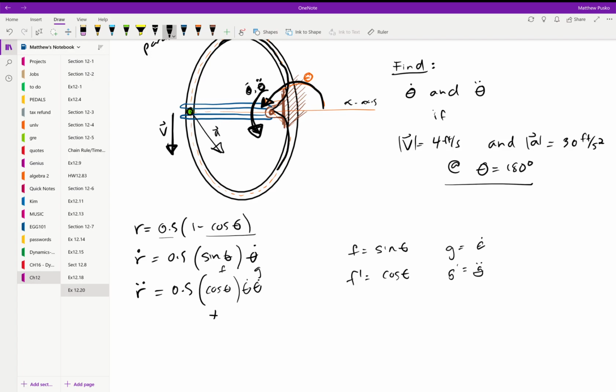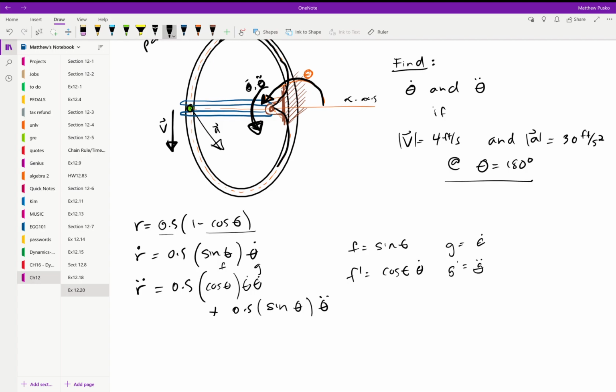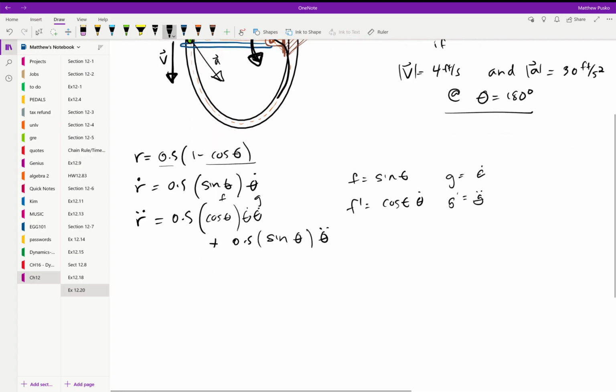And we also have a 0.5 times the sine of theta theta double dot. Okay, yeah, sorry, forgot that theta dot right there.